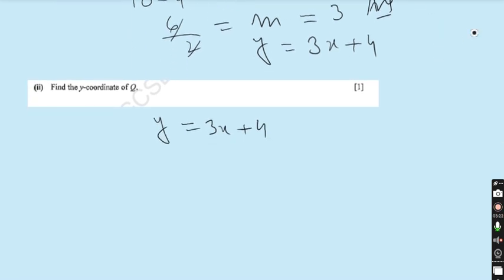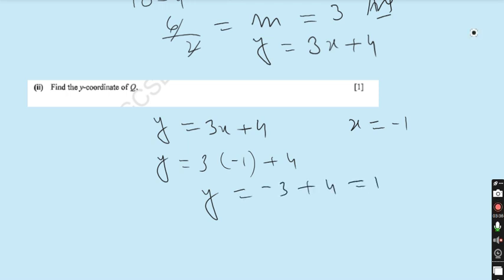So x equals -1, and y equals 3 into -1 plus 4. y equals -3 plus 4, which is 1.